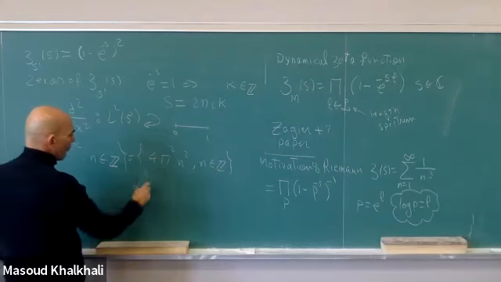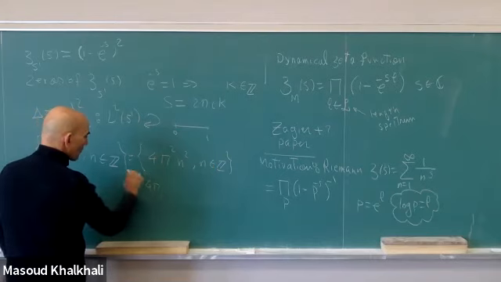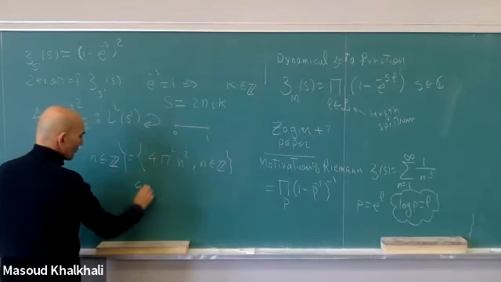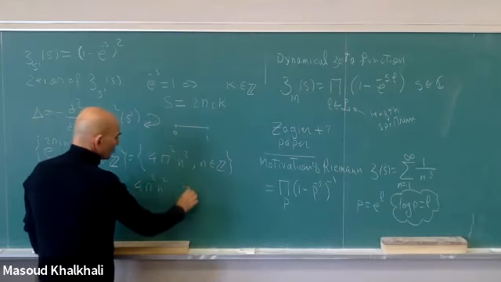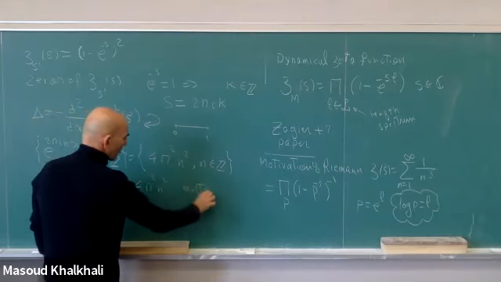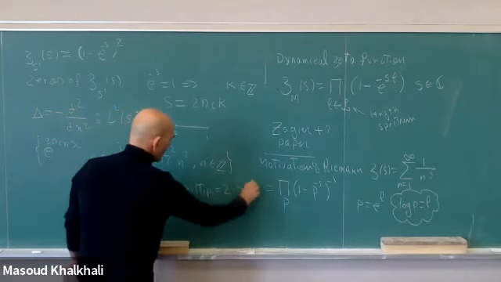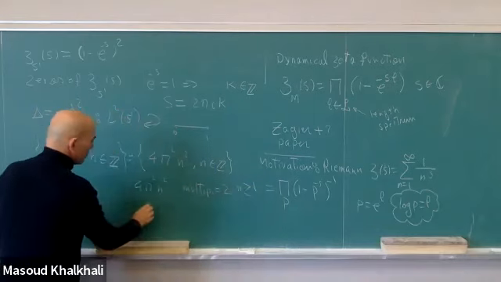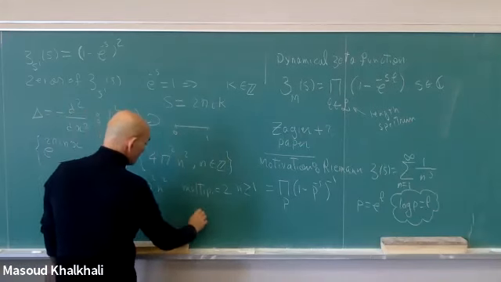We have 4 pi squared n squared, where the multiplicity is 2 for n bigger than or equal to 1, and 0 with multiplicity 1.